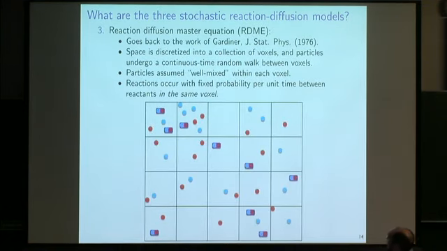And then the final model, which I'll talk about, which we heard in Linda's talk yesterday, is the reaction diffusion master equation. So this one is a little different. In the reaction diffusion master equation, space is discretized into a lattice, and we only keep track typically of the number of molecules of each species at each lattice site. We typically assume molecules are well mixed, that is uniformly distributed within their lattice site.